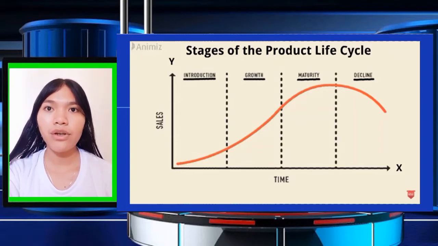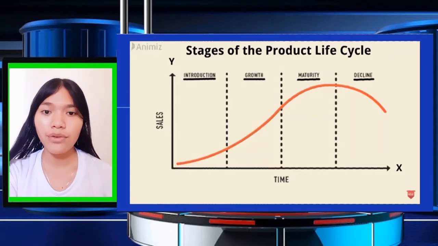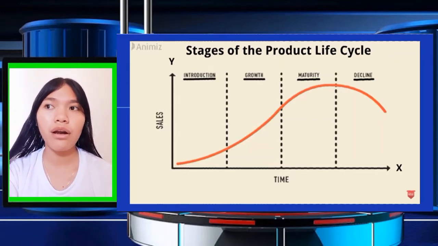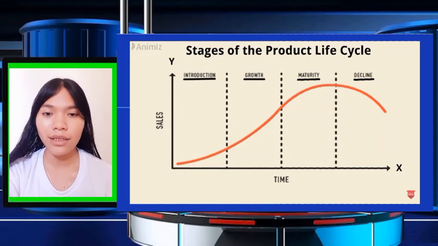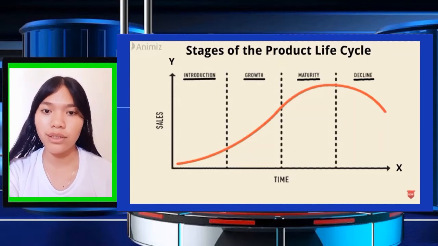In the growth stage, more new customers are becoming aware of the product and trying it. If the customers get satisfied with the product, they will buy it again and again, because you invested in the promotions.